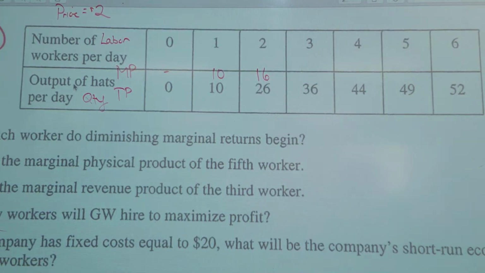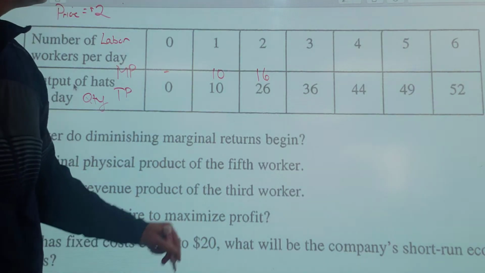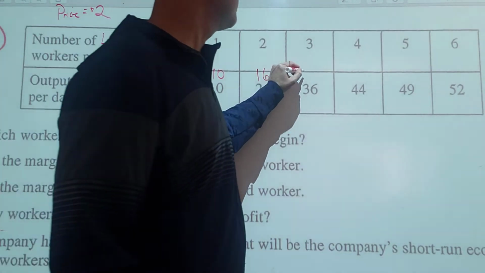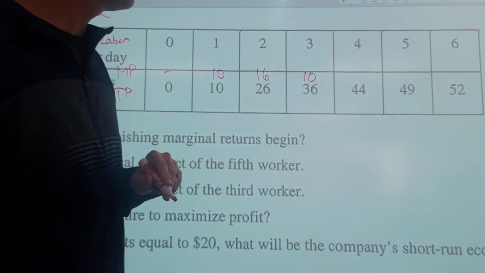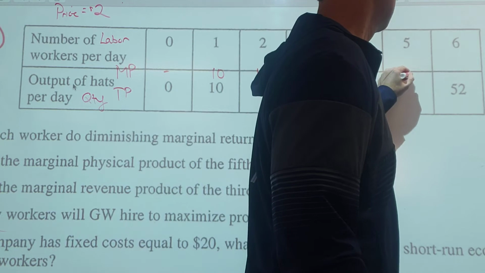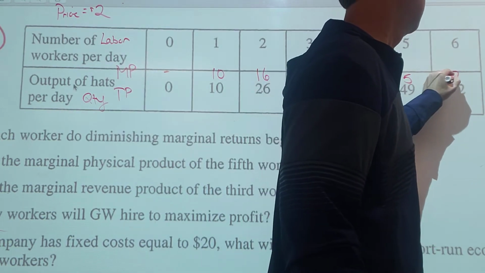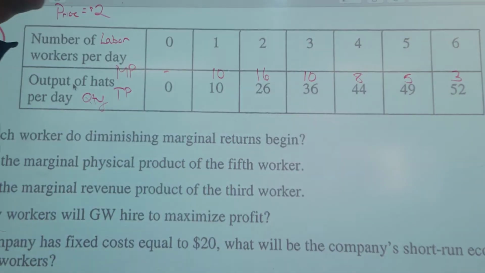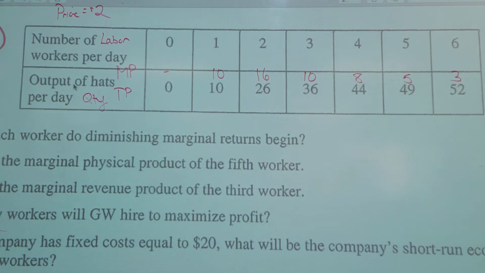The third worker contributes, after 3 workers I make a total of 36 hats, 26 after 2, which means the third worker's marginal product is 10. The fourth worker's marginal product is 8. The fifth worker's marginal product is 5. And the sixth worker's marginal product is 3. Okay, so we have the marginal product.